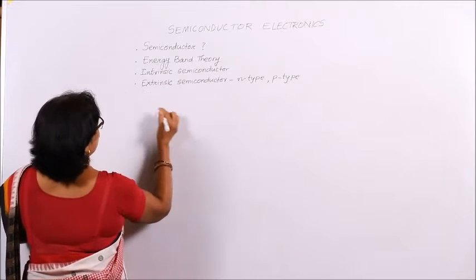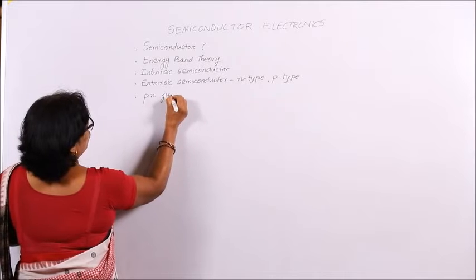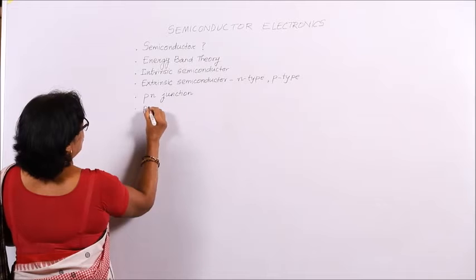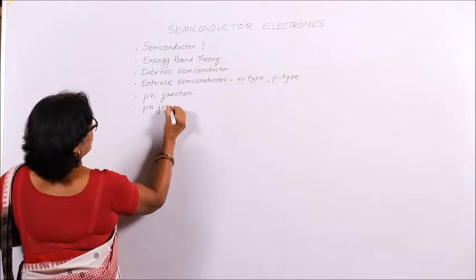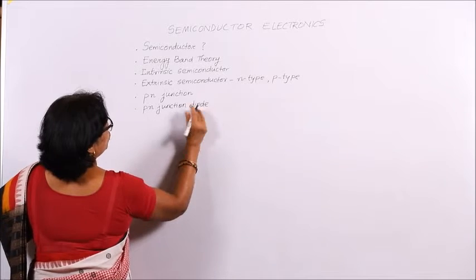Then when we put these two together, what we get is a PN junction. And how does it behave? Then the PN junction diode, which means two terminals.